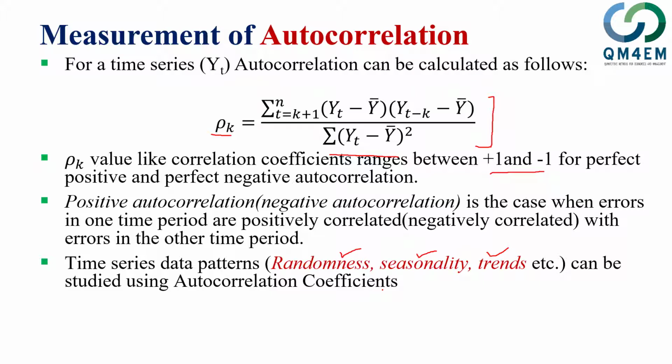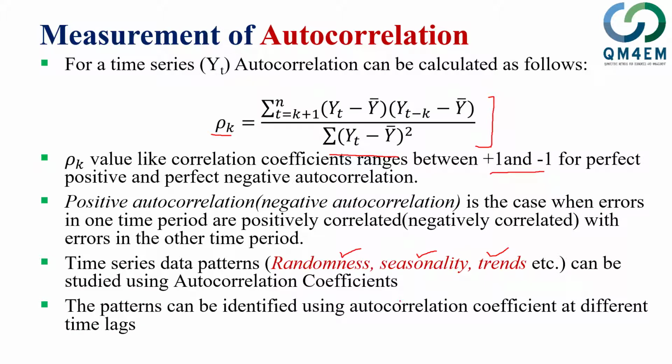That's a very important measure, and we are going to use it very extensively in our discussion of regression analysis. In this particular week, you should know that autocorrelation occurs in time series data. It's a time series issue.